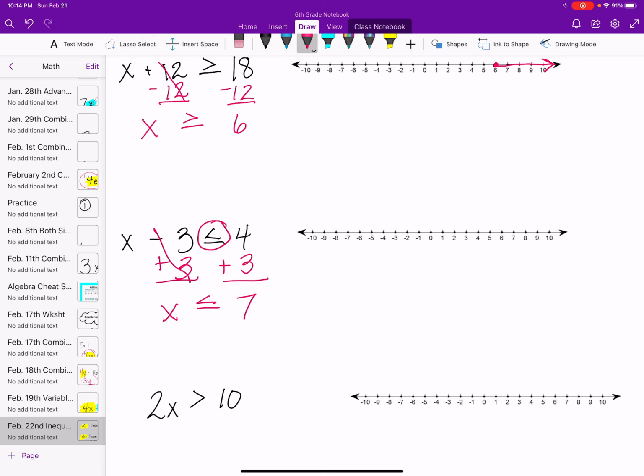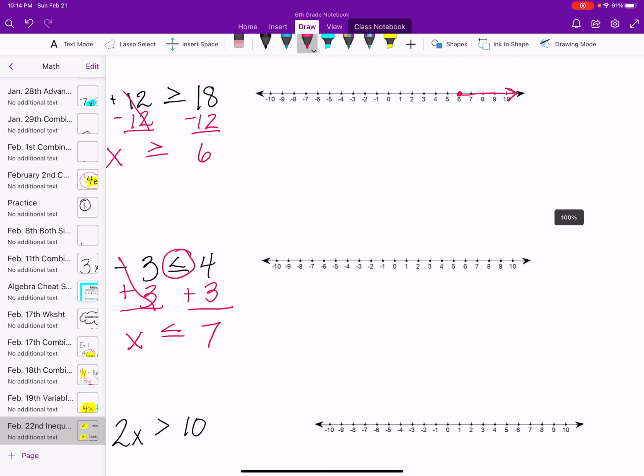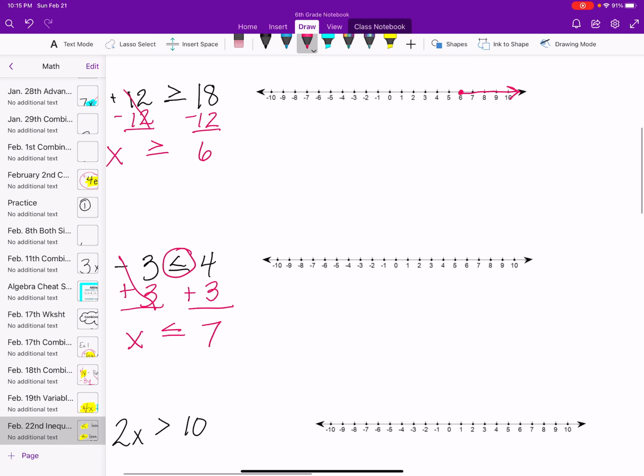So because I have a less than or equal to sign, I have that line underneath telling me that I need a closed circle. So I'm going to put a closed circle on my number line at 7, and I'm going to draw my arrow in the direction where my numbers are less than 7, because x is less than 7. And so I'm drawing my arrow to the left because that is where numbers are less than 7.